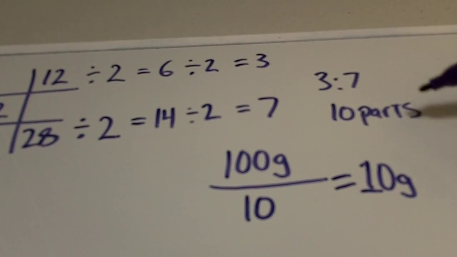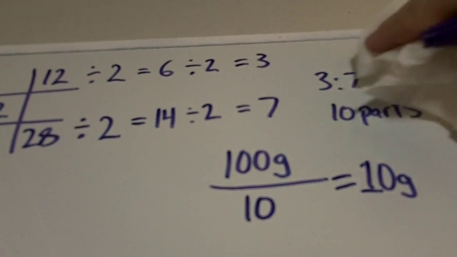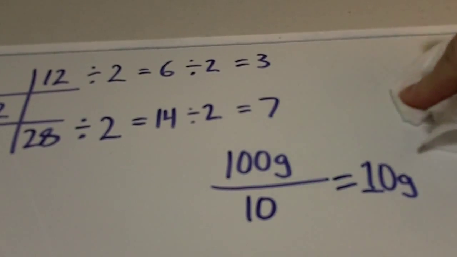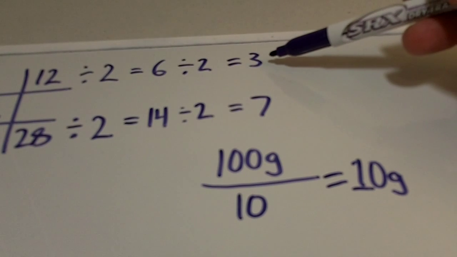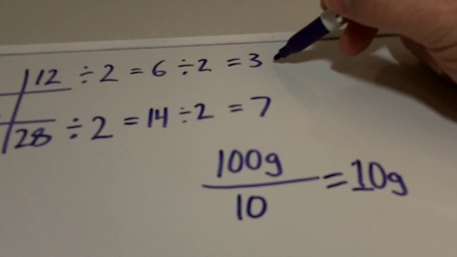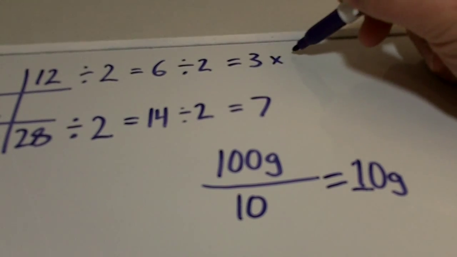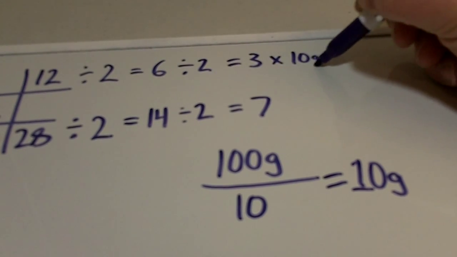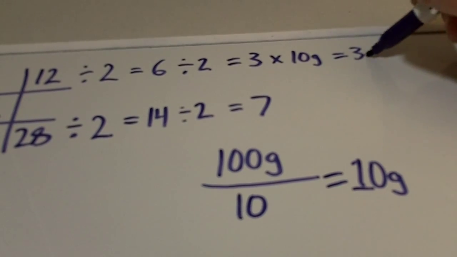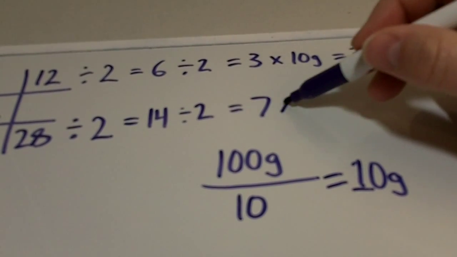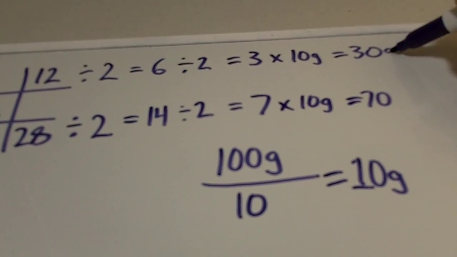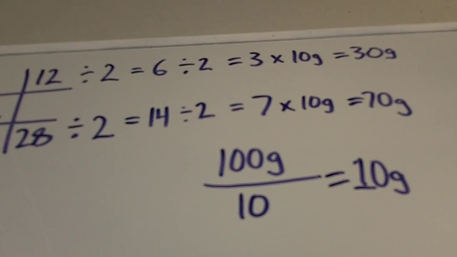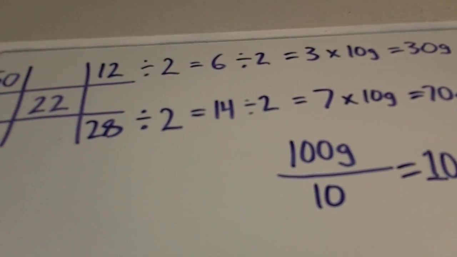Then I look back at my ratio, and I just wrote that up there for explanation purposes. Each of these parts is going to be 10 grams. So I take these 3 parts and multiply them by 10 grams, and that gives me 30 grams. Then I do it again down here.